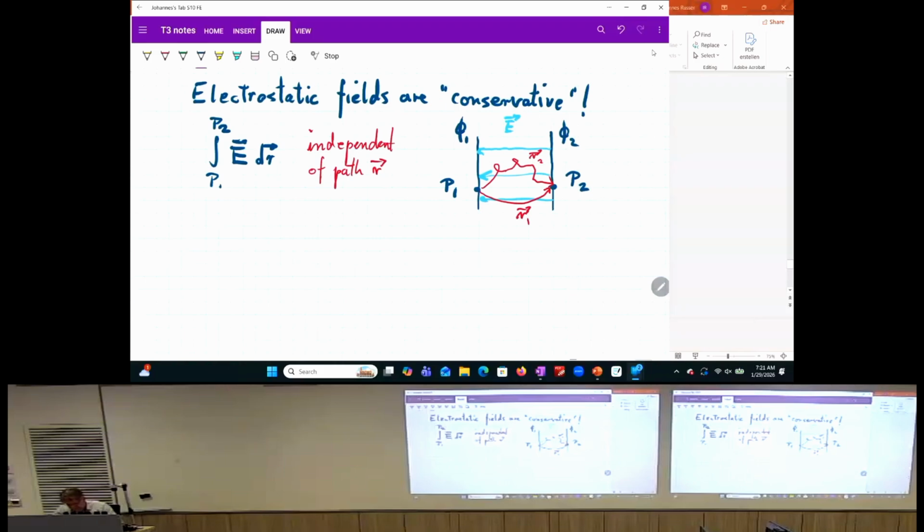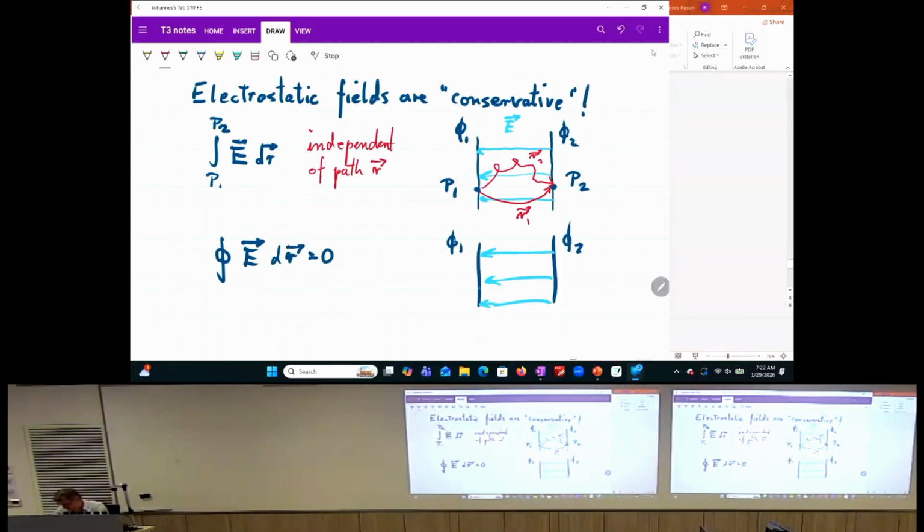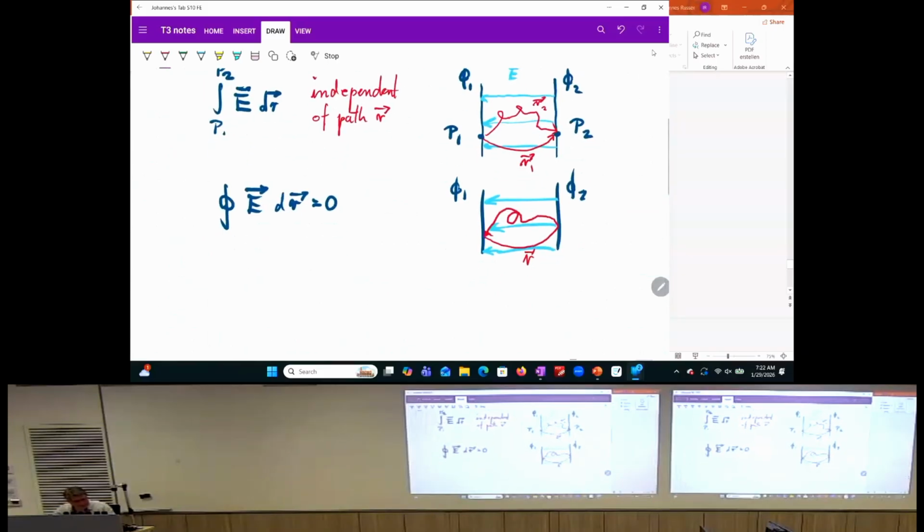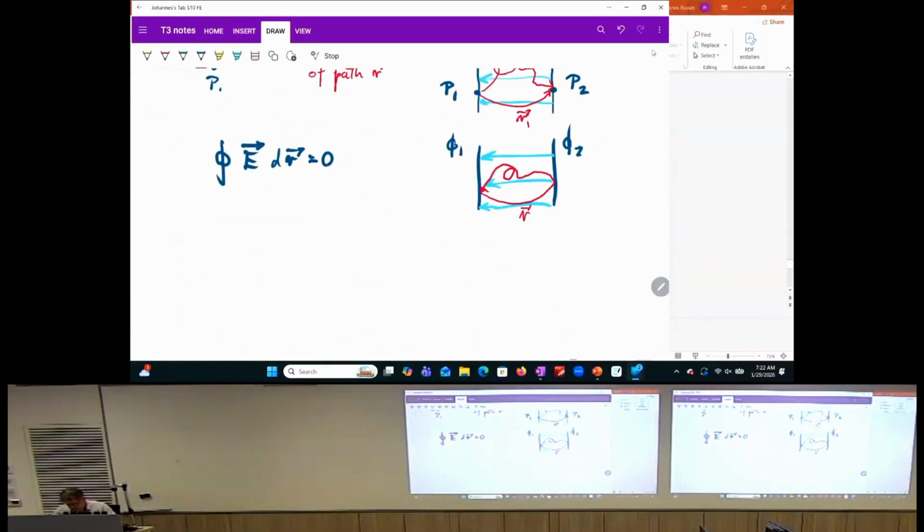That also implies then if you return to the original point and you make a circular integral, then that is vanishing. So that would be the scenario where you just go from here and then here. That is vanishing. So the electric field is a gradient field.